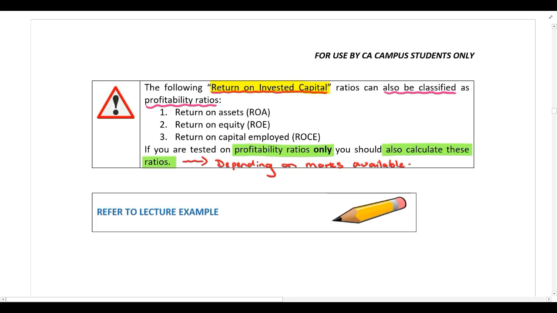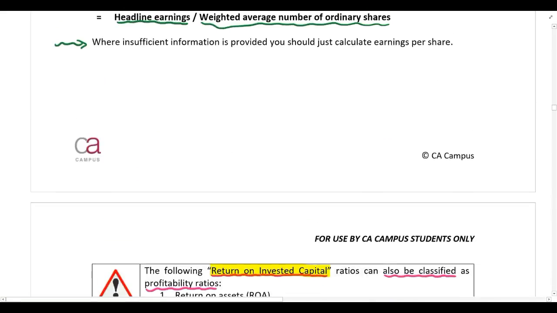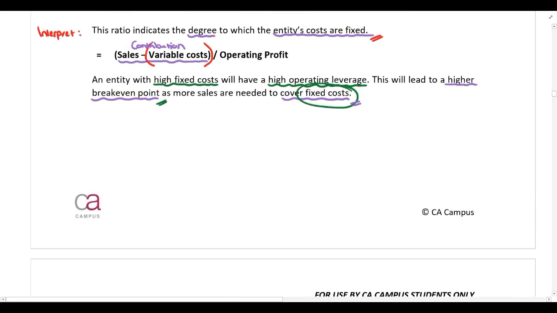At the start of the lecture, I told you use the mark allocation as a guideline so that you know how many ratios to calculate. Guys, if there's only 5 marks available for ratio calculations, you're obviously not going to calculate return on assets, return on equity, return on capital employed, because you can get those 5 marks a lot easier by rather looking at all of the previous ratio calculations.